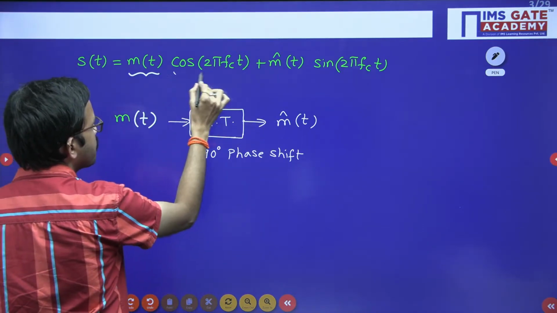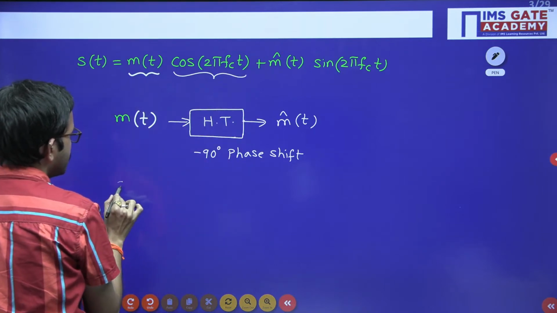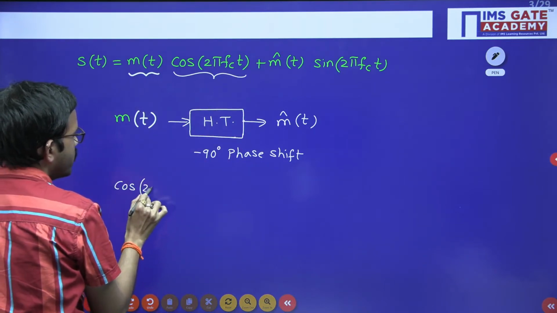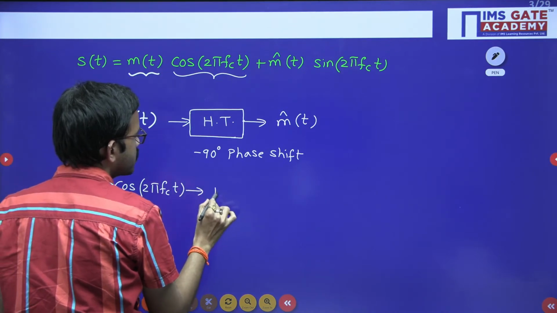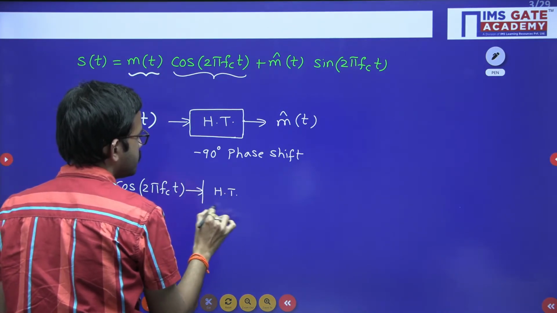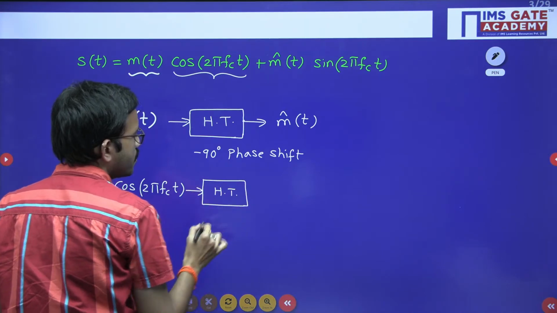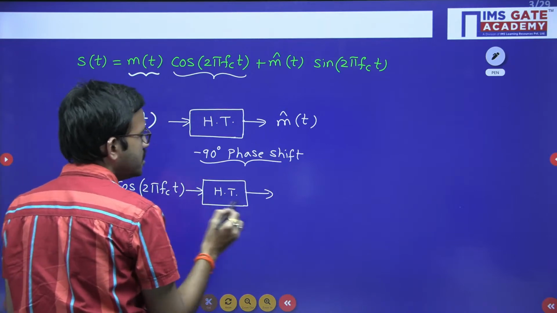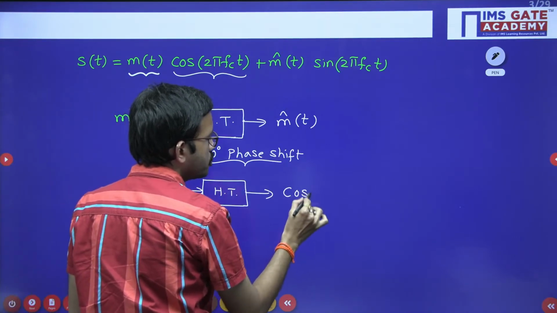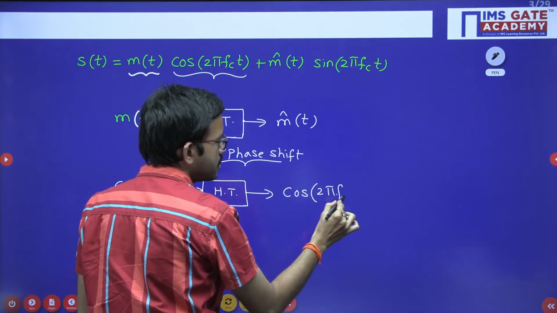Similarly, here you are having cos 2 pi f ct. When you are passing through Hilbert transform, here you will get minus 90 degrees phase shift. So that means cos 2 pi f ct I am considering as it is.